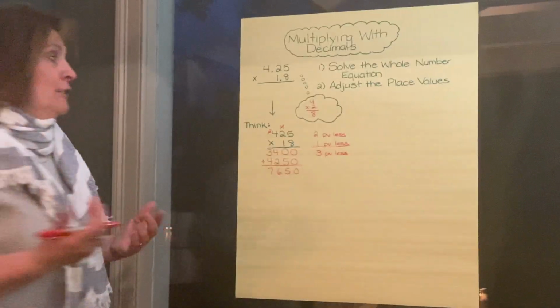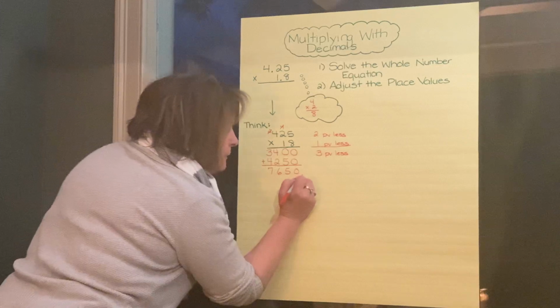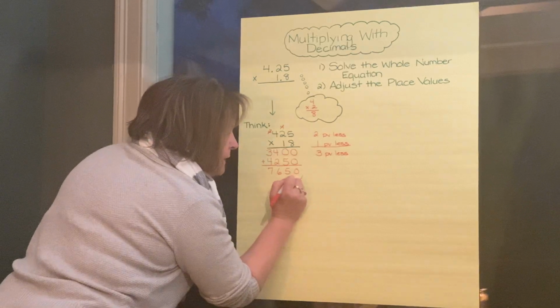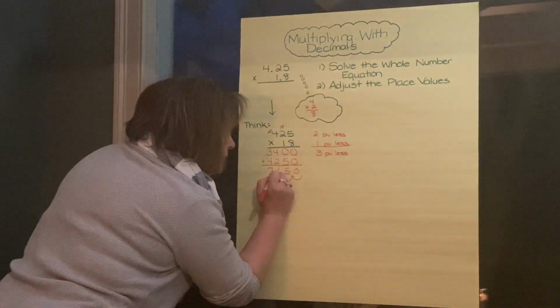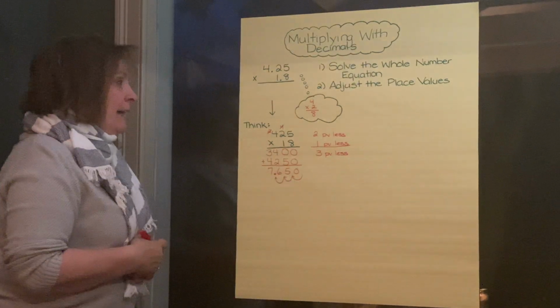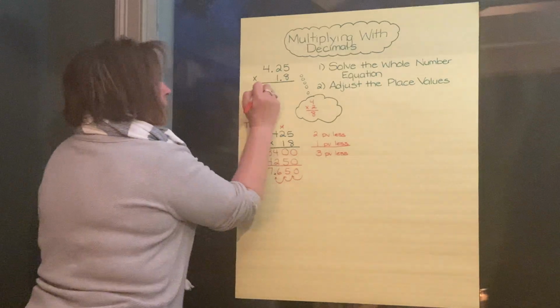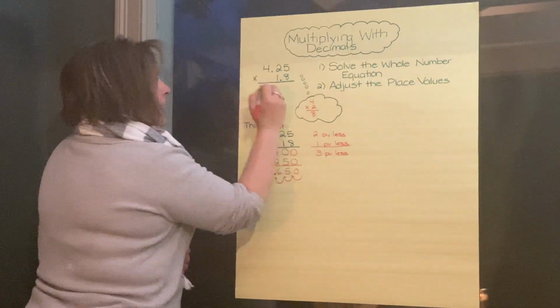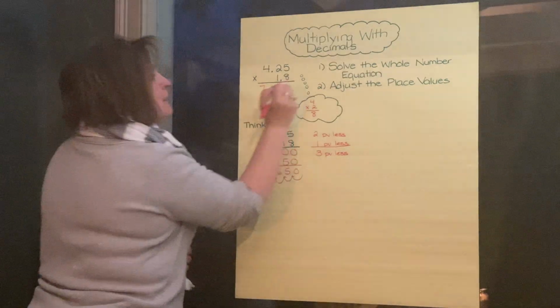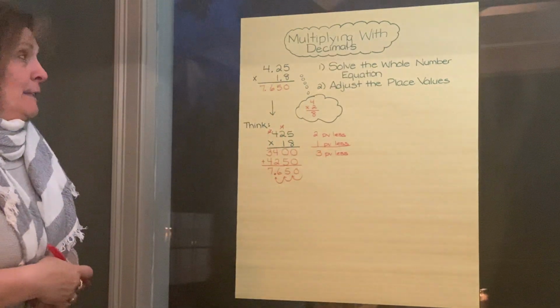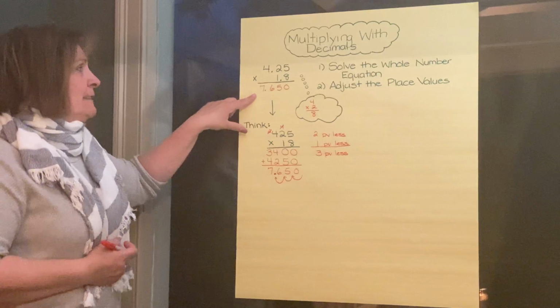And so if we are going to adjust the place values, we make it 1 place value less, 2 place values less, 3 place values less, and we end up with an answer of 7 and 650 thousandths, or 65 hundredths. And that is our answer.